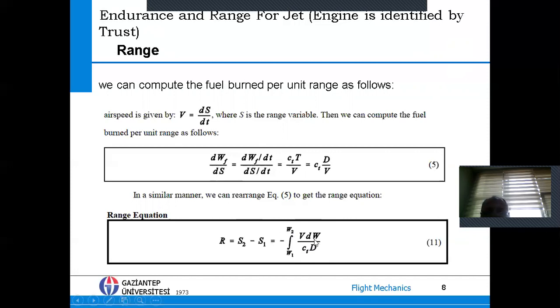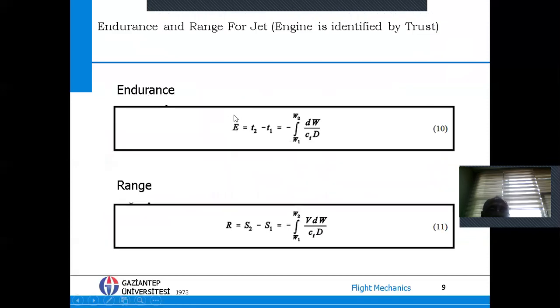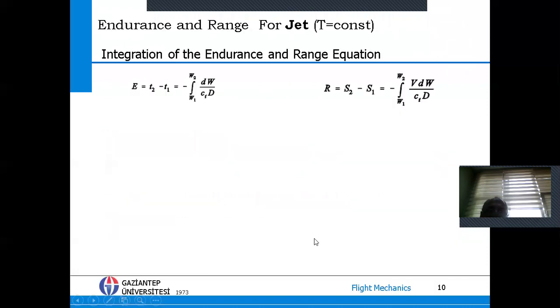Therefore I can summarize these two equations like this: the endurance here and the range here. So now I need to integrate.